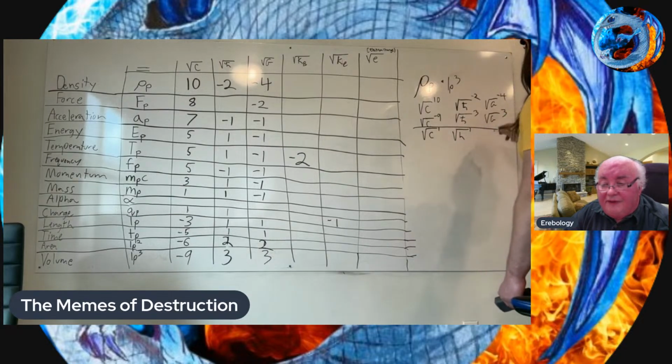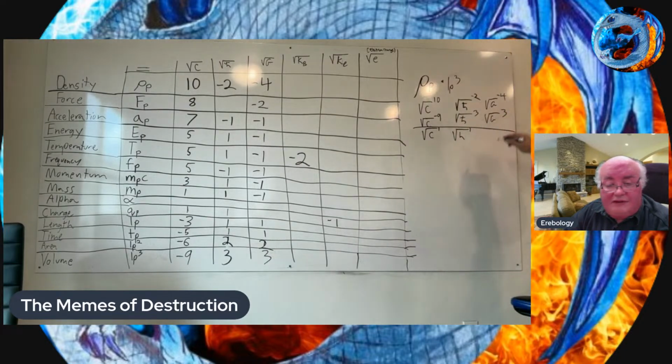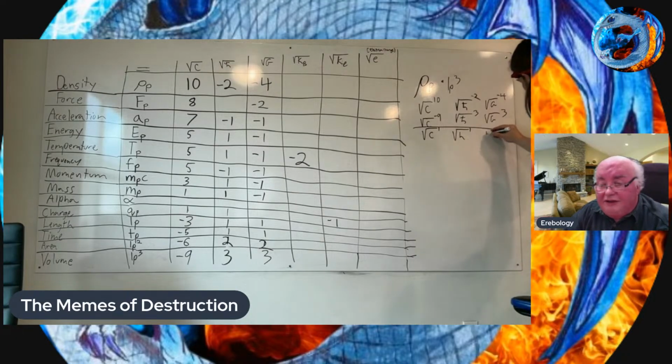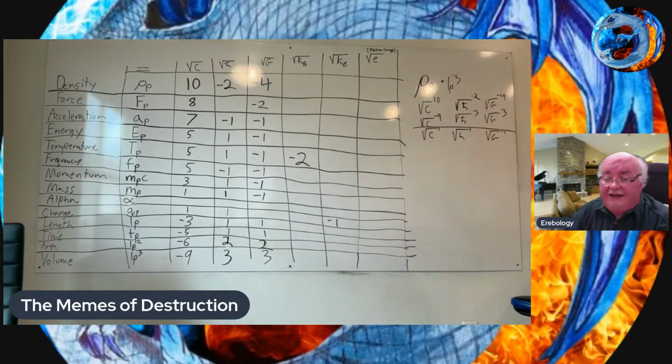And then this is going to be radical G to the minus 1. Which, wait a second, is that radical G to the minus 1? All right. Okay. So now just write 1 and then 1 and then minus 1 underneath those things.